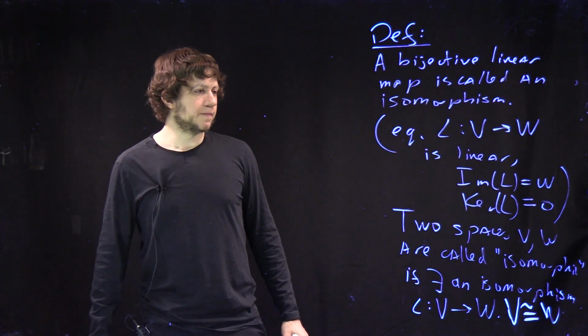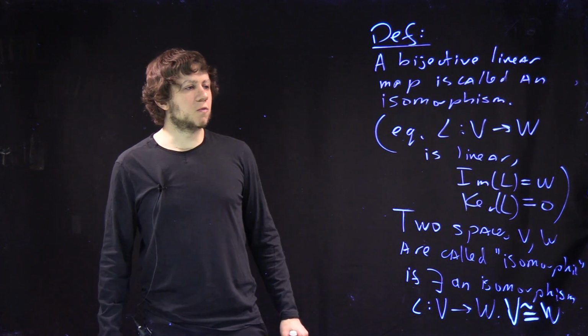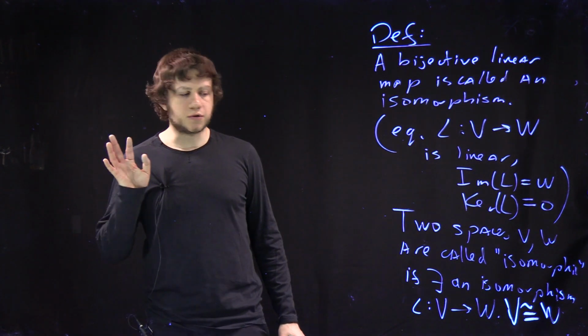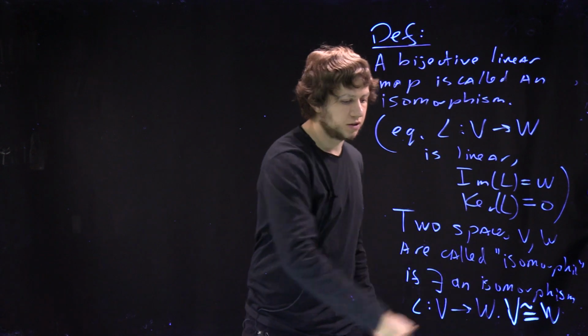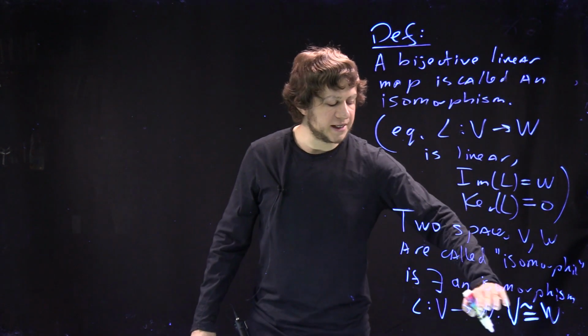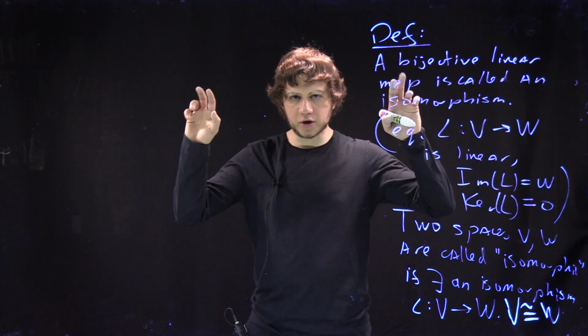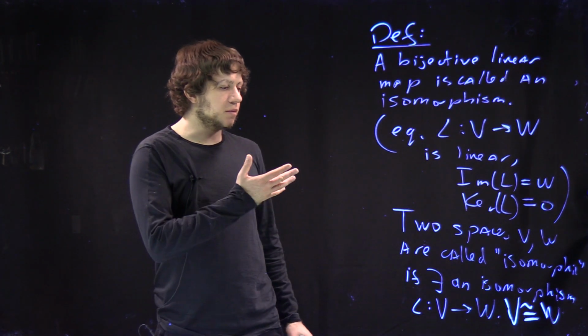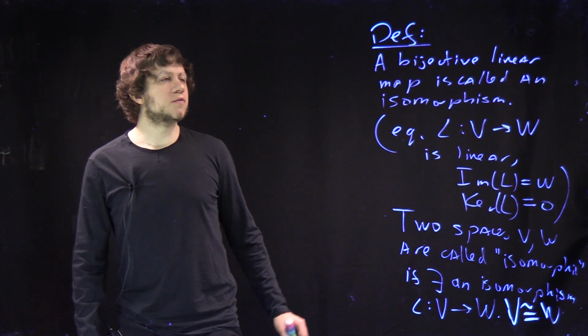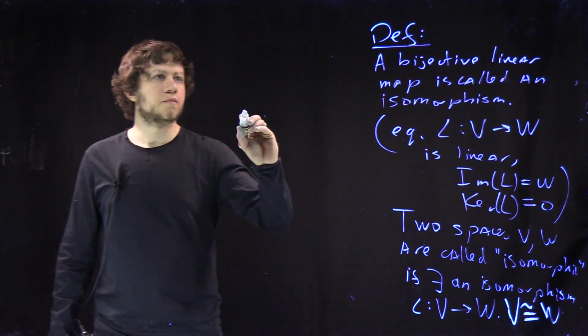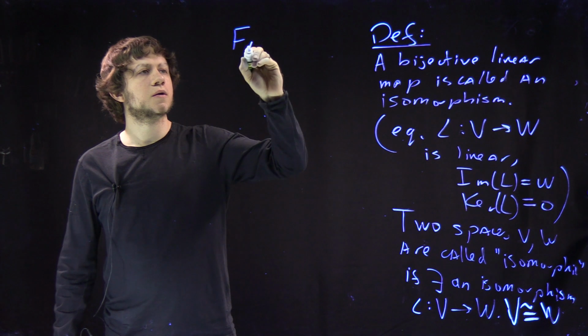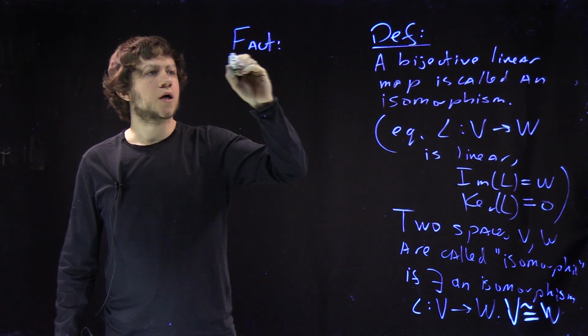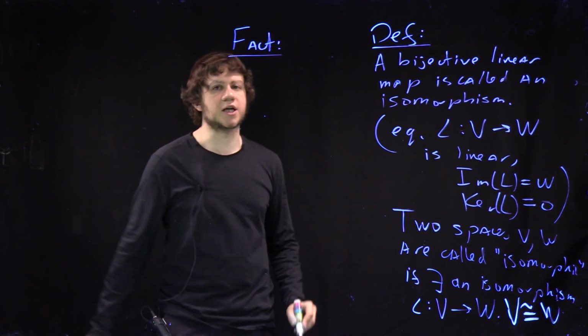So, okay, why is this important? The first thing is this is an equivalence relation. So you can think of it as some sort of equality between vector spaces. Let me prove that. For this we need a little fact. Here is the statement.